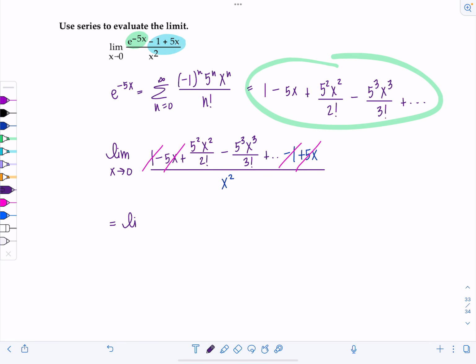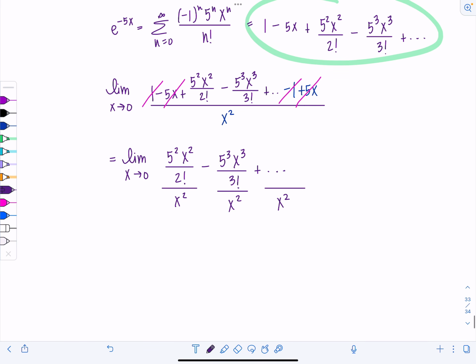Limit as x goes to 0 of 5 squared x squared over 2 factorial minus 5 cubed x cubed over 3 factorial plus blah, blah, blah, over x squared. I'm going to divide everybody by x squared separately. And then look what happens. The x squared cancels in this term.